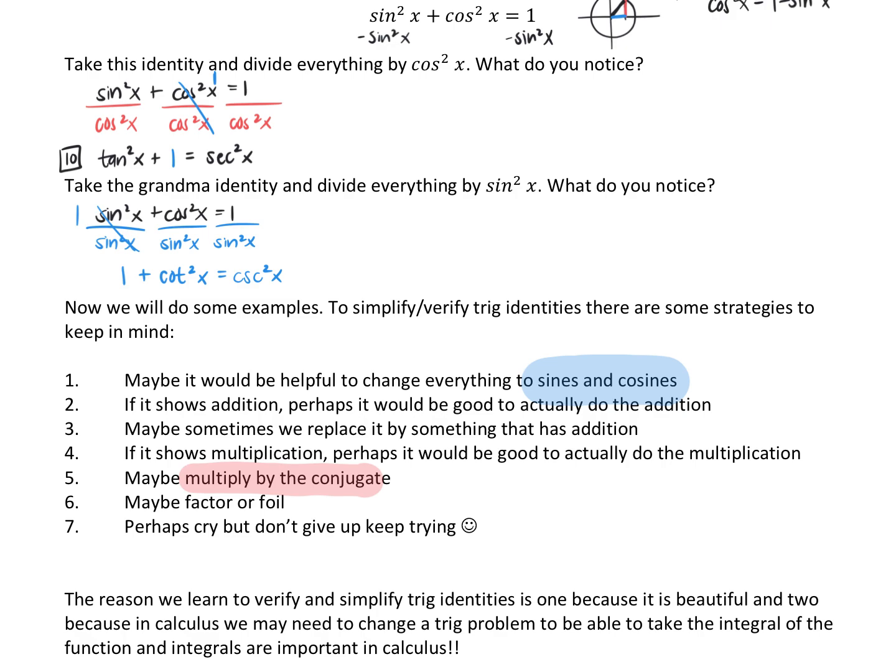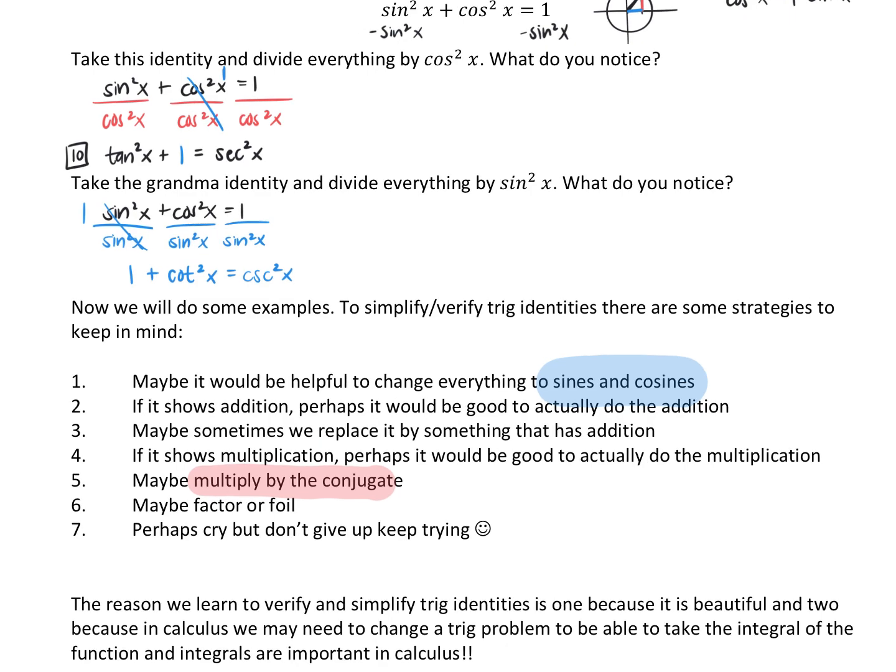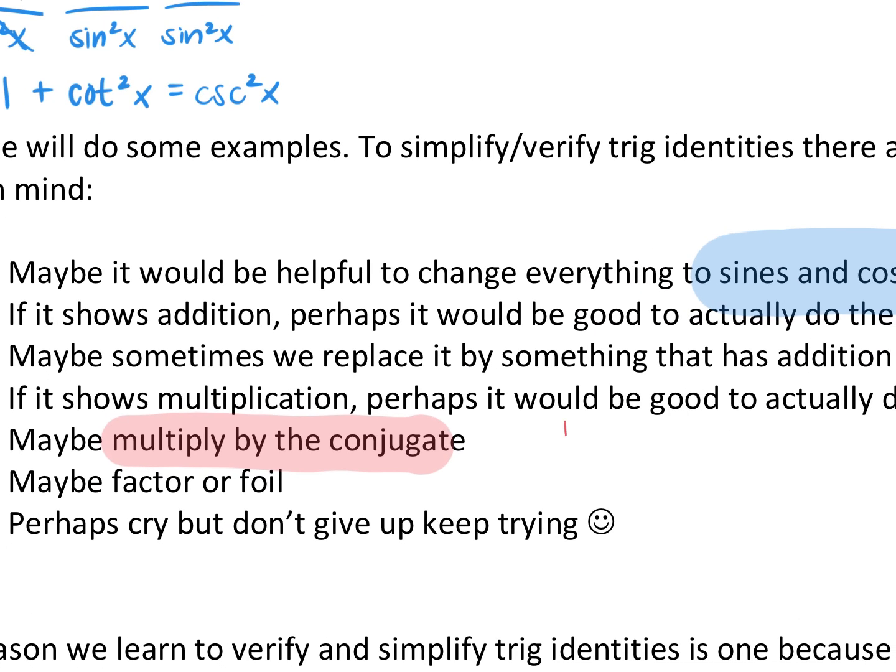Anyone remember what the conjugate is? Like if I had a fraction, let's say it was 1 over x minus 1. What's the conjugate of x minus 1? Just x plus 1. But yes, you're thinking your reciprocal.